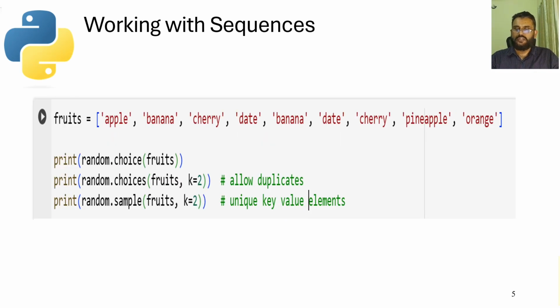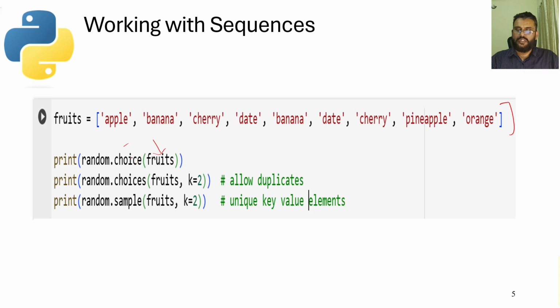Now, as far as the functions random.choice, random.choices and random.sample are concerned, these work on lists, tuples, and sets. For example, if I have this list and I invoke the method random.choice, it will create for me one randomly selected fruit from this list of fruits which I passed as a parameter.